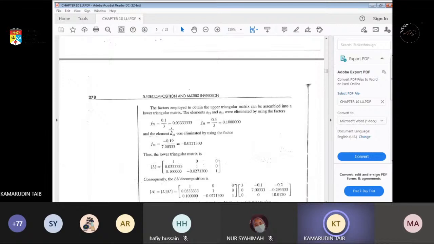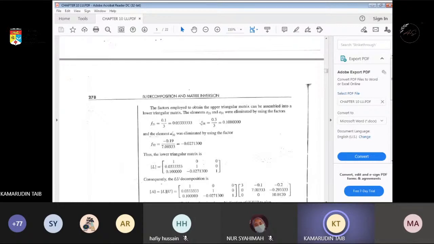Okay, double prime means the second step involved in the calculation beginning from the original matrix, and if it is triple prime, it will be the third matrix that we produce, from the third calculation of the matrix. So the lower triangular matrix will be: the F21 element substituted here, 21 means second row, first column.